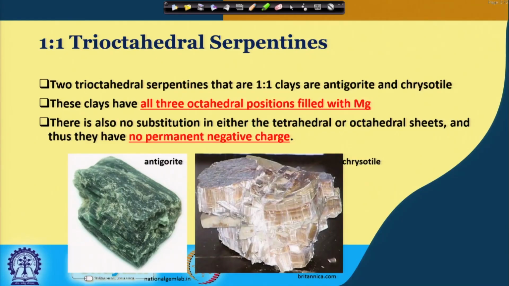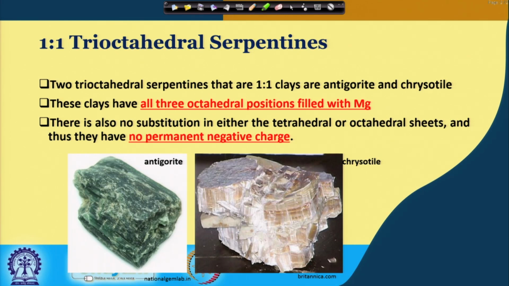In the secondary minerals, as you know, we started with the 1:1 type of mineral. In the 1:1 type of mineral, we talked about 1:1 dioctahedral kaolinite. We discussed its structure, and also halloysite, which has a similar structure to kaolinite, but with an interlayer water molecule.